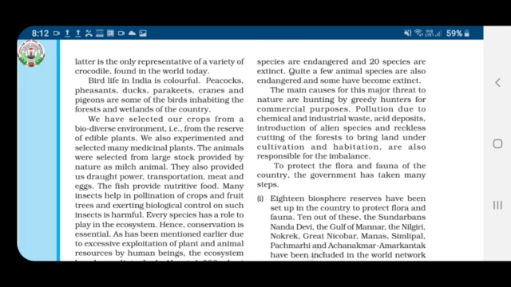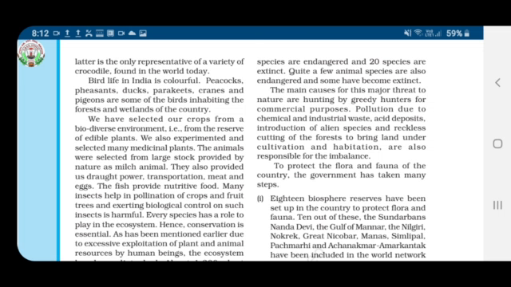The main causes of this major threat to nature are hunting by greedy hunters for commercial purposes. Pollution due to chemical and industrial waste, acid deposits, introduction of alien species and reckless cutting of the forest to bring land under cultivation and habitation are also responsible for the imbalance.